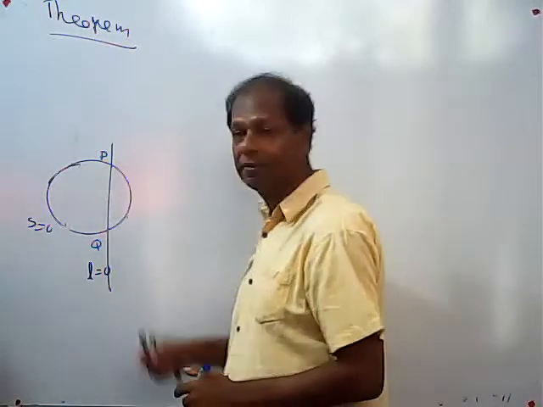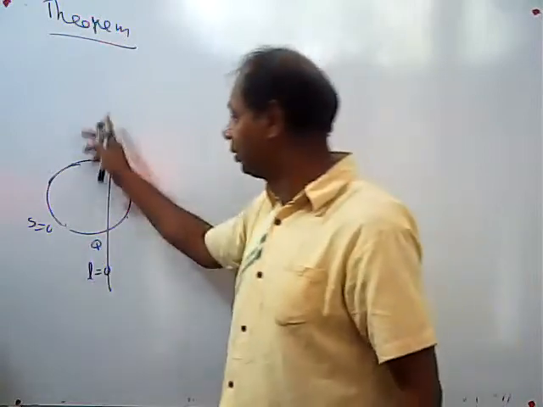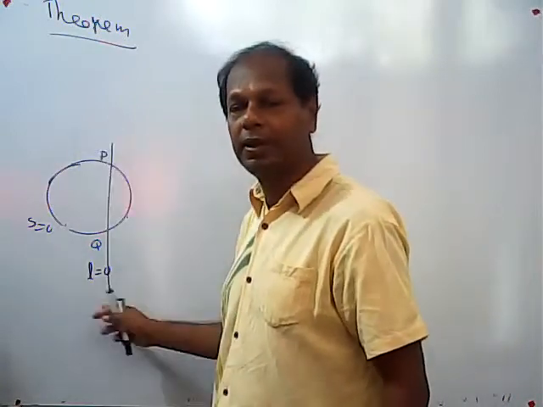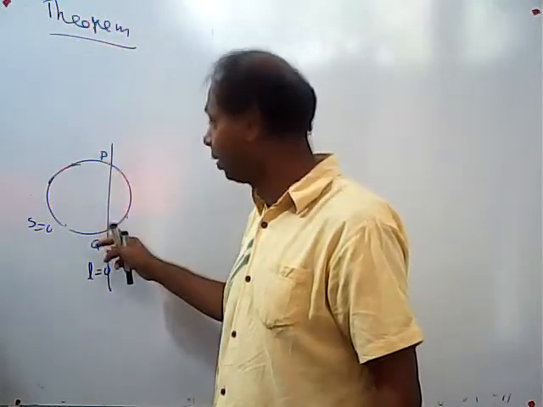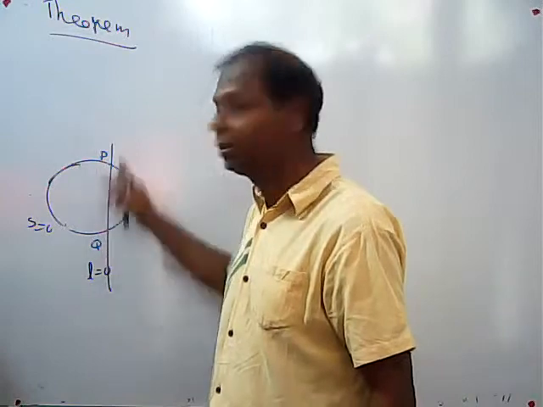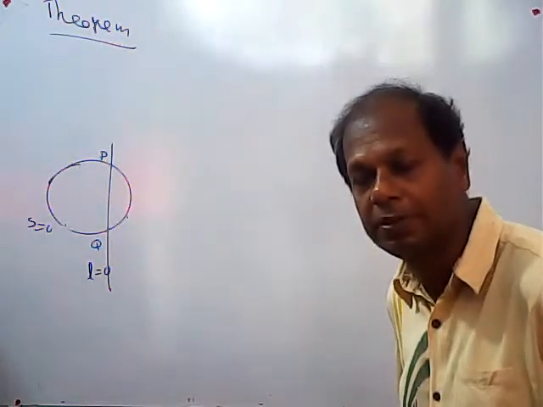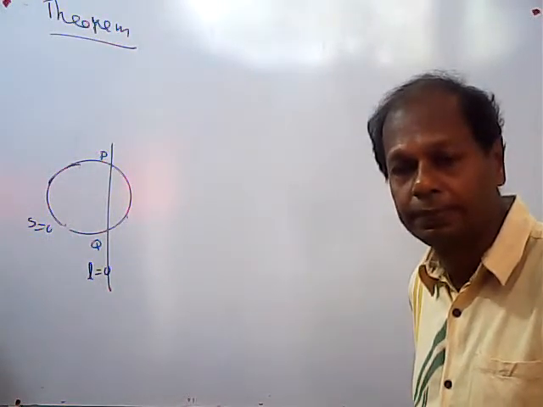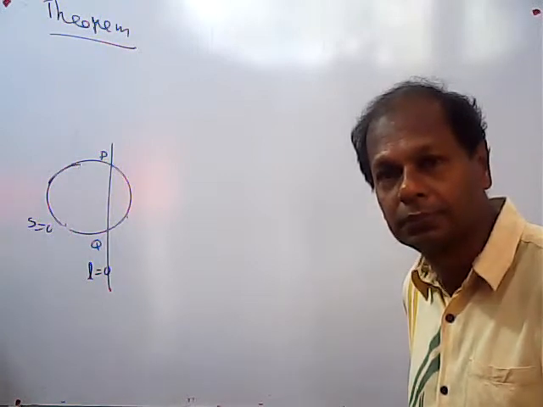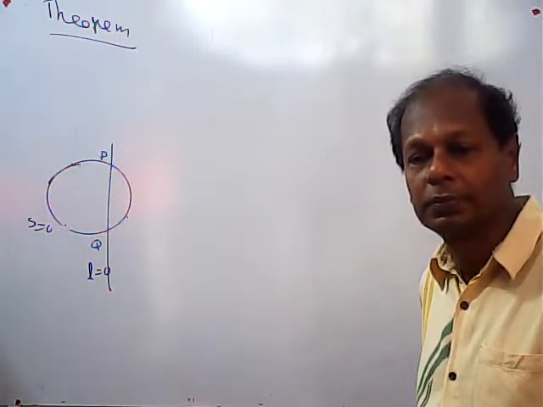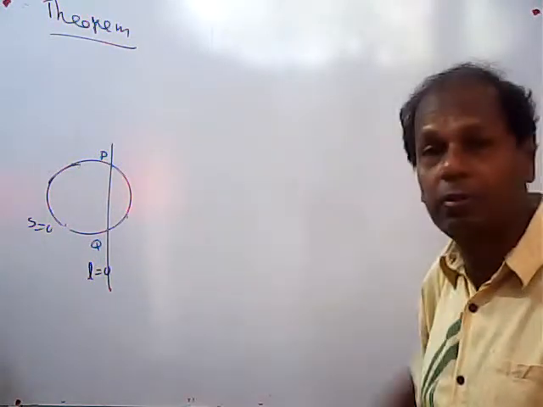So the thing is, how many circles can we draw through these common points? You are given a straight line, an intersecting straight line, and a circle. How many more circles can we draw through these two intersecting points, P and Q?